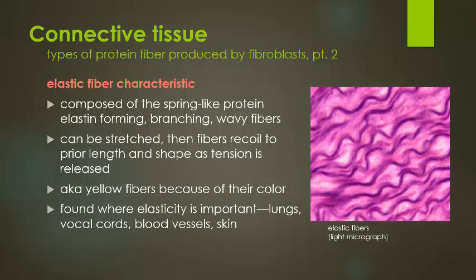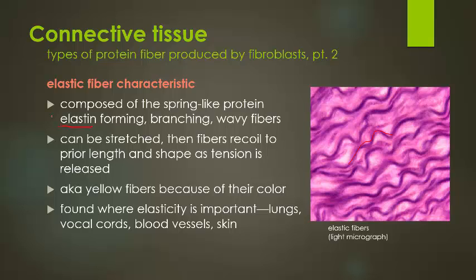Okay, so the second kind of fiber is called an elastic fiber. Elastic fibers are fairly easy to spot. They have a characteristic wiggly or wavy shape, and they're composed of a special protein called elastin. It has a great ability to be stretched, and after whatever was pulling on the tissue releases the pull, those fibers snap back into their previous length and shape.